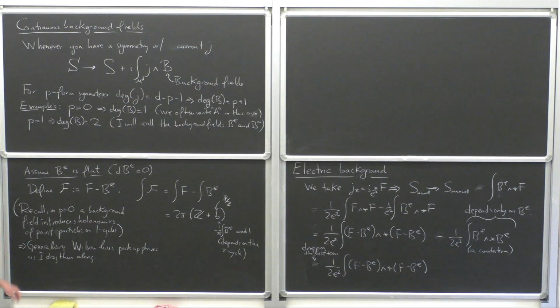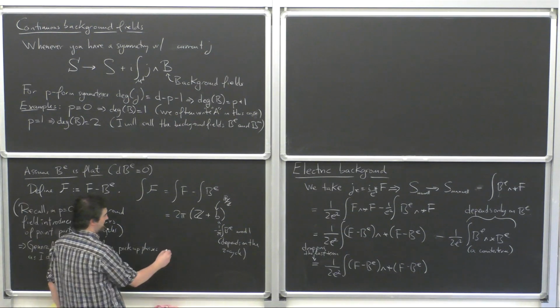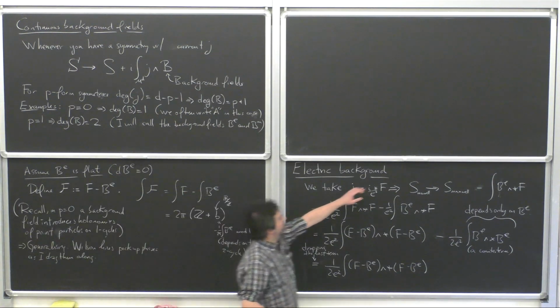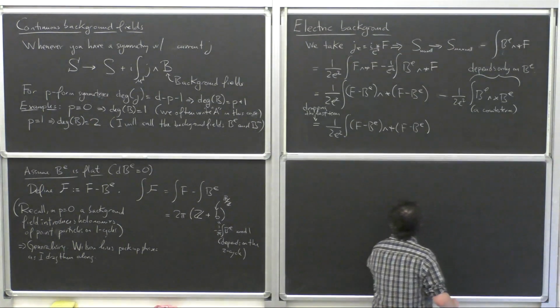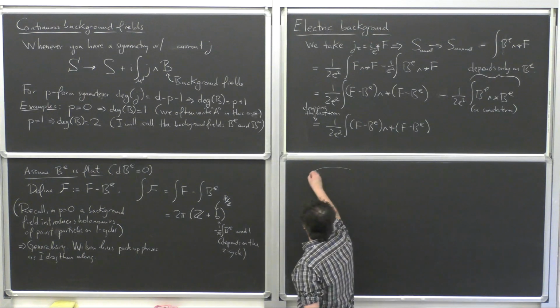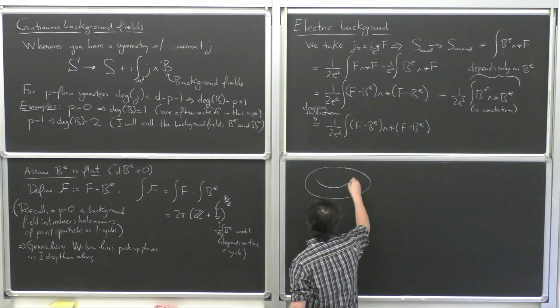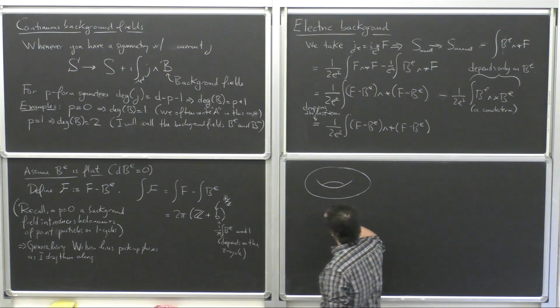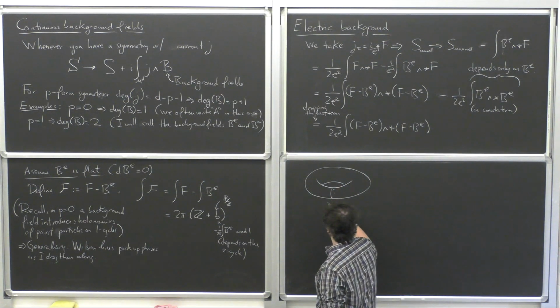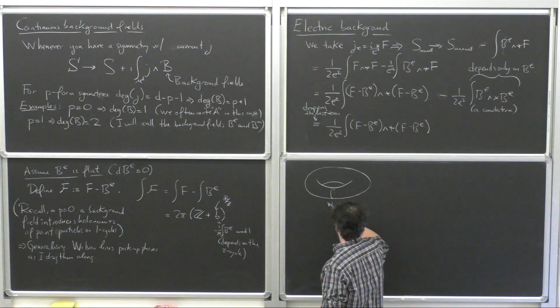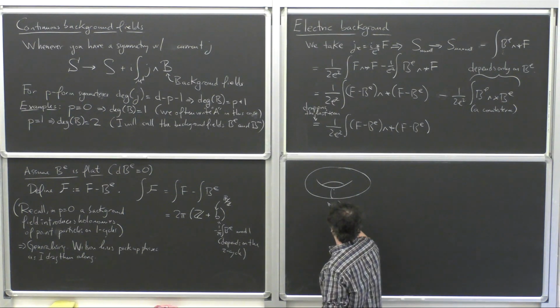So which phase do you pick? Well, imagine that your two cycle is a torus, just to make the picture simple. And you start with a Wilson line in here, with some charge q.